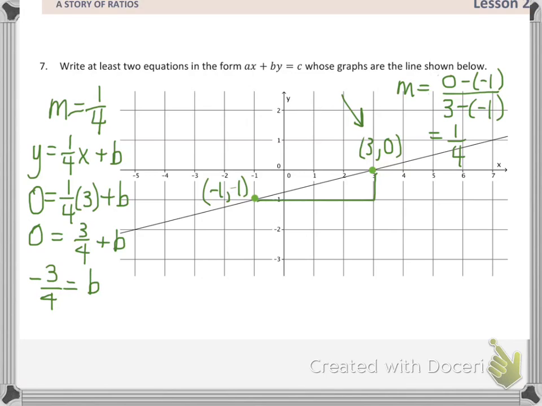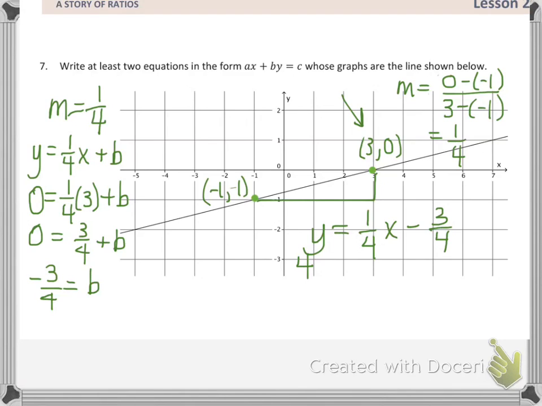So I know that this line is y is equal to 1/4 x minus 3/4. And I want two equations in the form ax plus by equals c, whose graphs are this line. So I need to at least put this in standard form. So let's multiply through by 4.